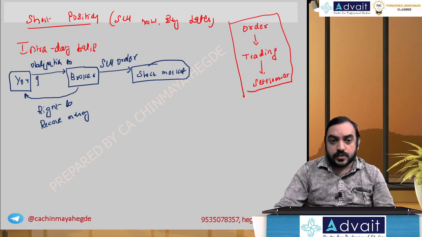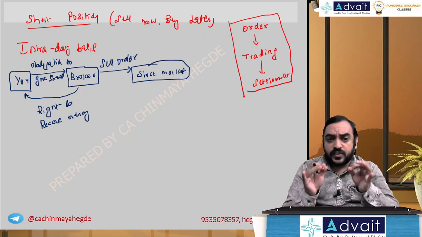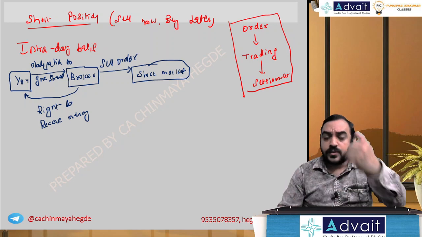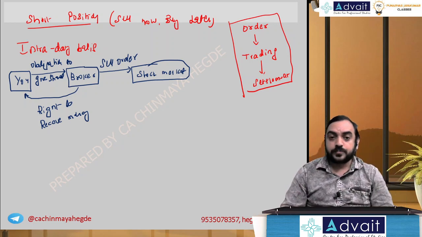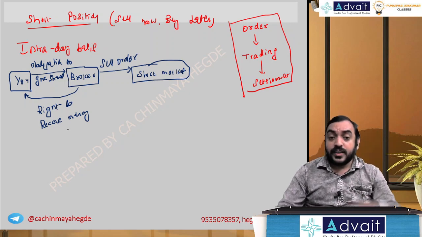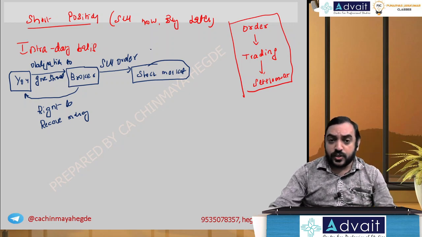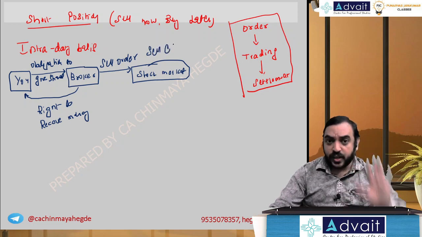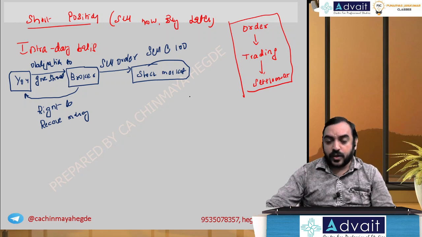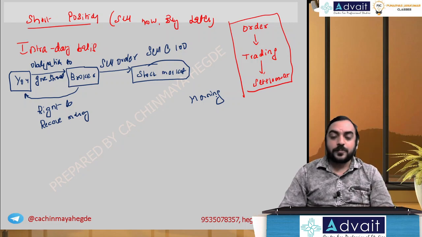That is, you get the money, you give shares. The broker will place the order. Now, let's say the order gets traded at 100 rupees. This happened in the morning.